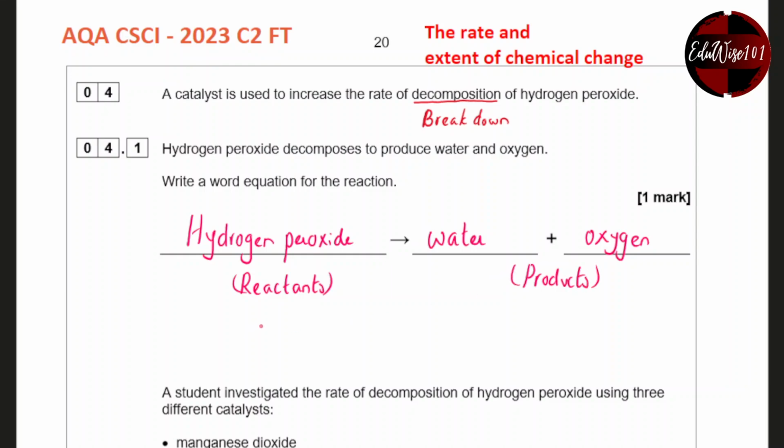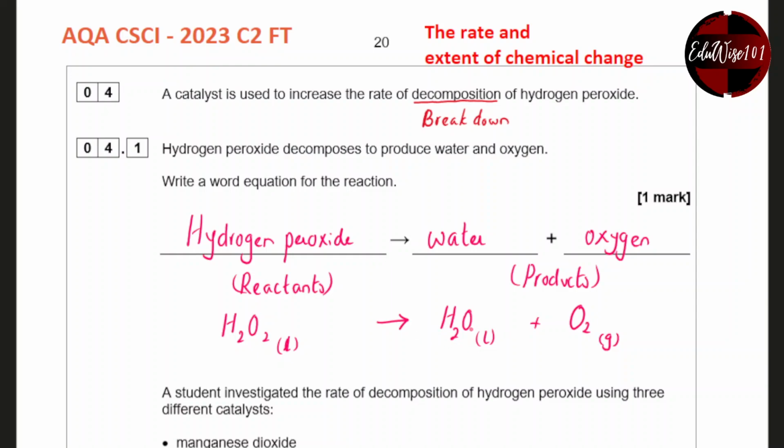Now, if you want to write a word equation just as revision, hydrogen peroxide is H2O2, which is a liquid, gives water, which is H2O, again a liquid, plus oxygen, which is O2, which is a gas. Now, you don't really have to balance this. Actually, you can balance this equation.